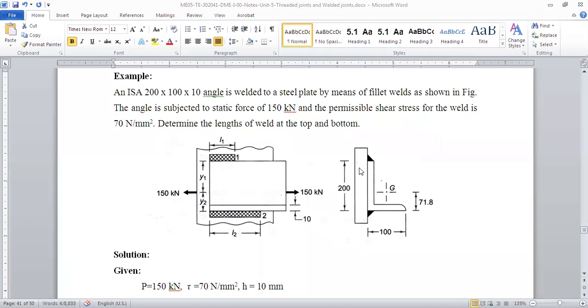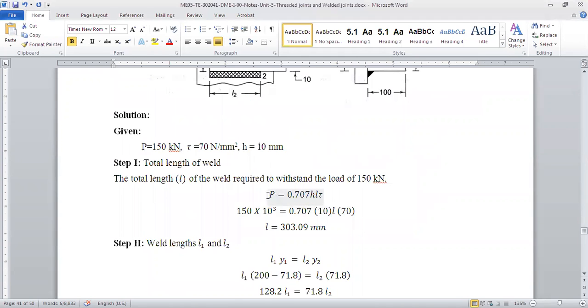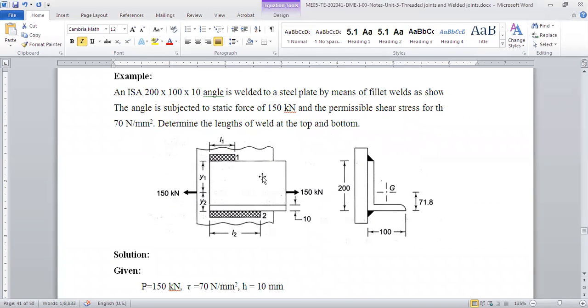So like if the eccentricity is on the right hand side, we'll have a clockwise moment because of the eccentricity, and that has to be balanced by an anti-clockwise moment in the weld. So the weld will have moments, and because of the moment, we'll have a shear stress, and that shear stress we call secondary shear, and obviously there will be a primary shear by using this formula, 0.707 HL tau, right? So now we have 2 stresses. One is primary shear, one is secondary shear, and then we will combine those. Are you getting my point?